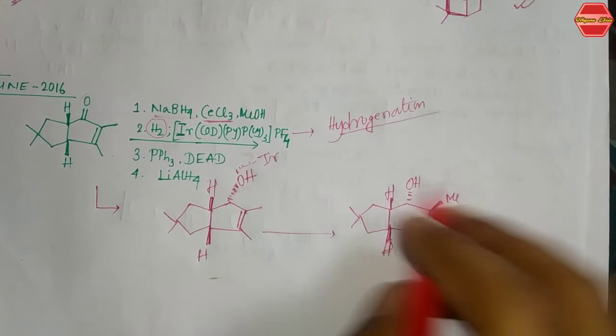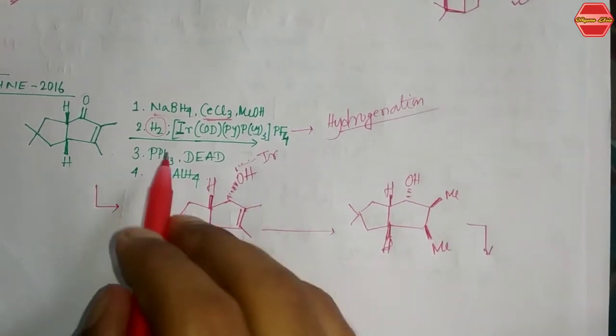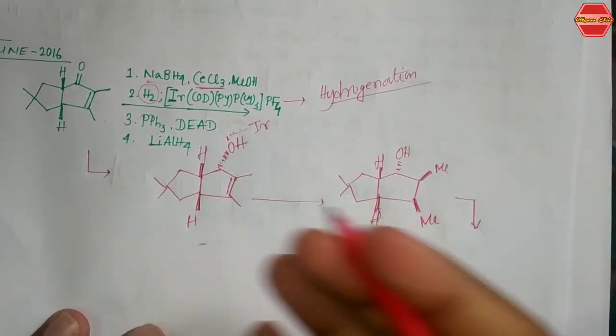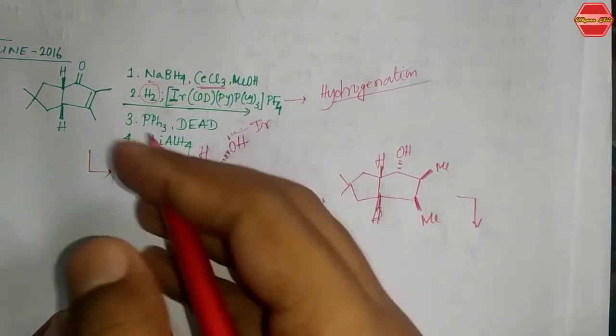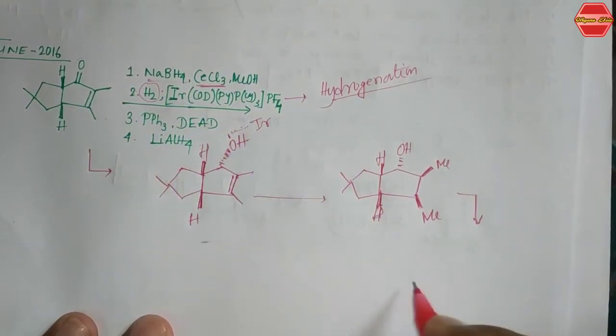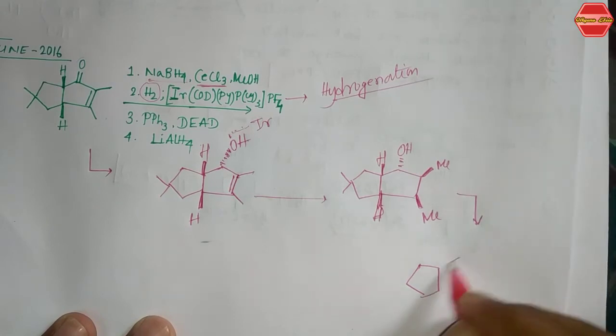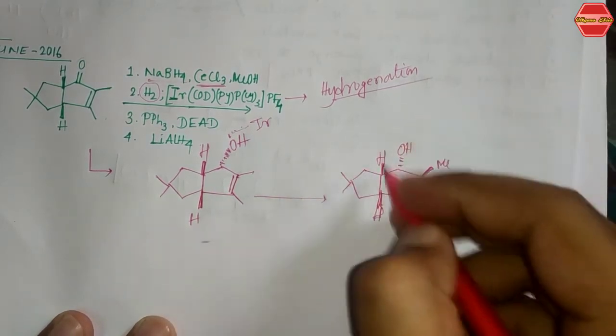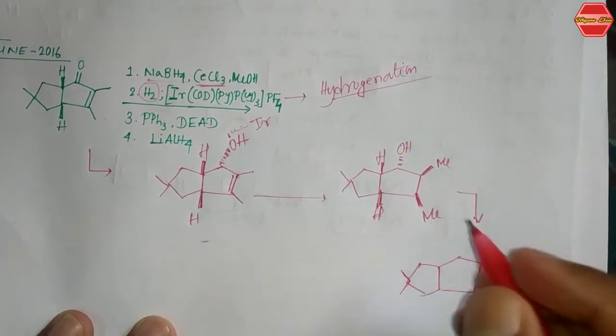Now when we are using this condition, that is PPh3, you can see here that it is basically the Mitsunobu reagent. What is the role of this reagent? To change the stereochemistry of this OH group.